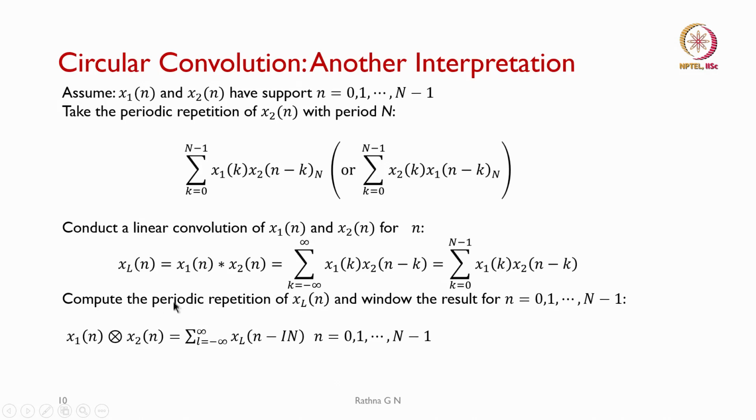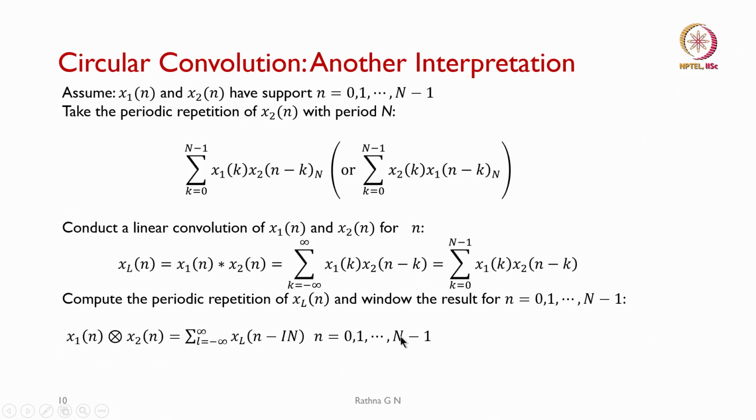So, compute the periodic repetition of your x_l of n and window the results for n equal to 0 to N minus 1. The circular convolution of x1 with x2 of n is nothing but the sum over i equal to minus infinity to infinity of x_l of (n minus iN), for n equal to 0 to N minus 1.